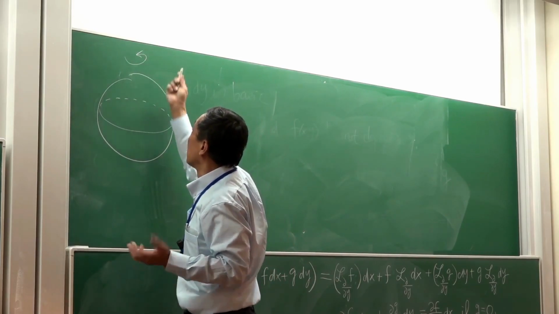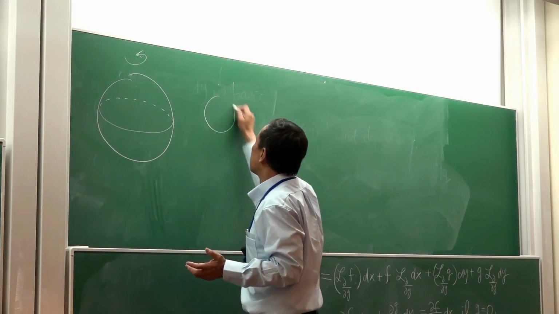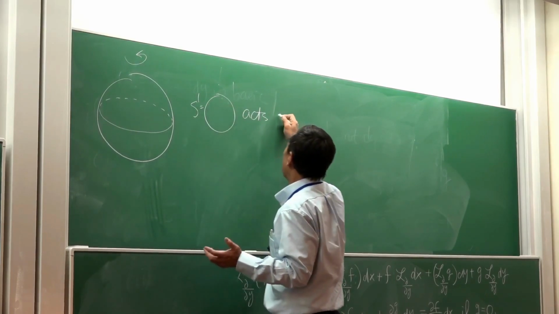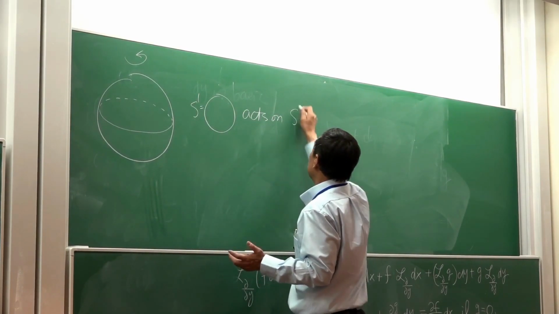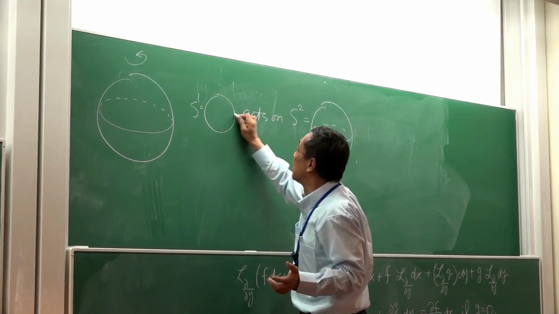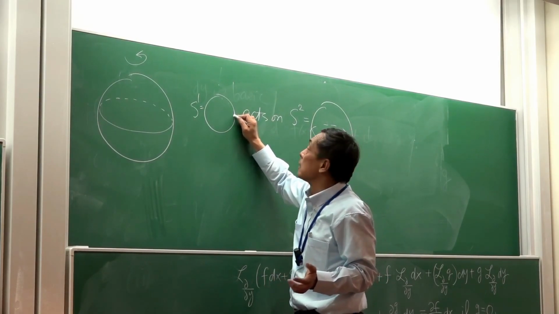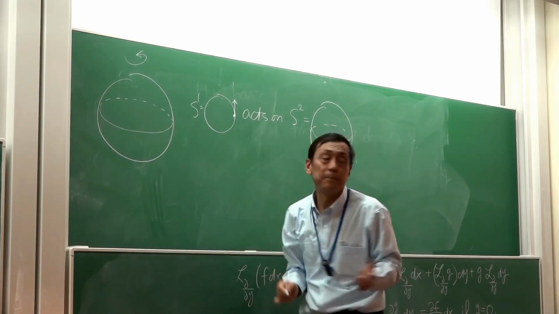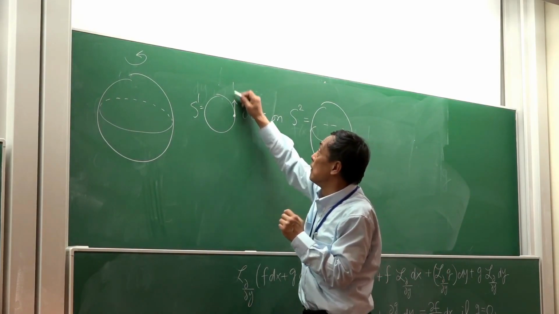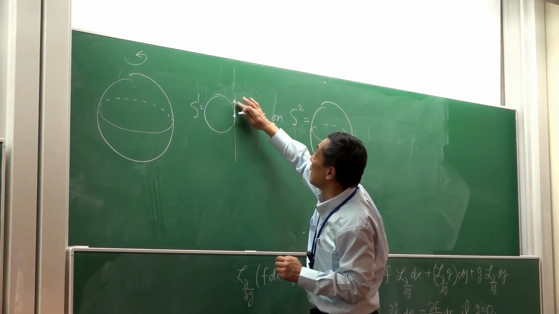The circle, this is S1, acts on S2, and the circle is a Lie group. Here's the identity, and this is a tangent vector to the identity. Therefore, it's an element of the Lie algebra. This is the Lie algebra, this line.